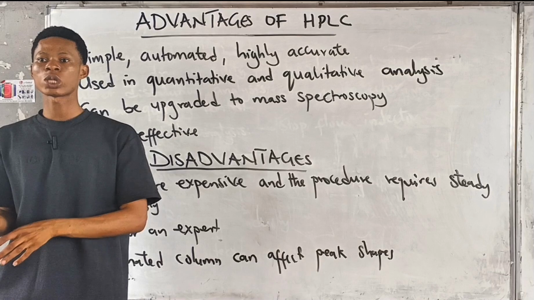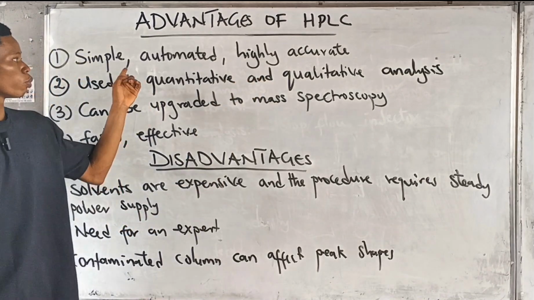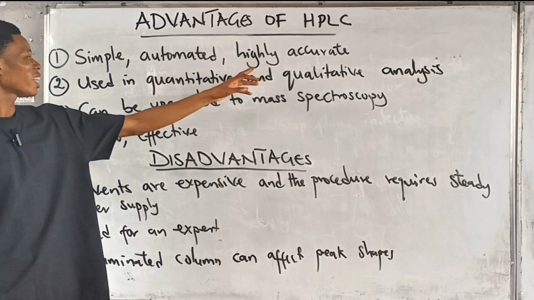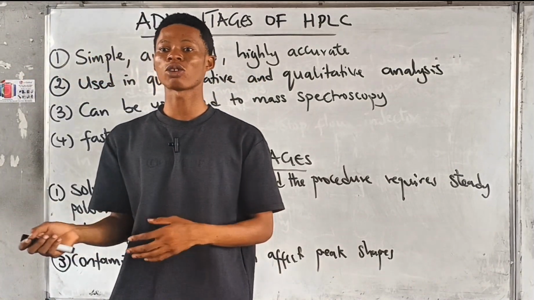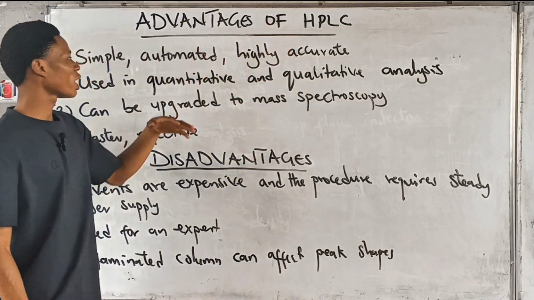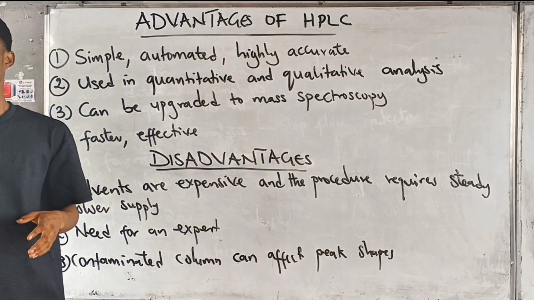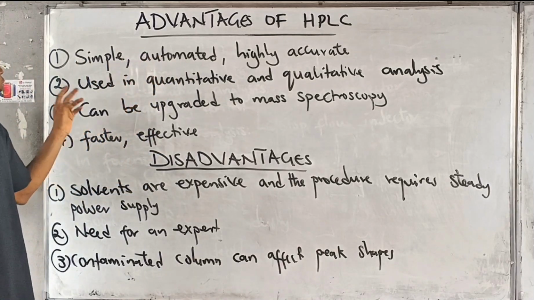So you just start the process and it goes on. So the process is automated. It is simple, automated, and highly accurate compared to thin layer chromatography and paper chromatography, this is the most accurate. So it provides high resolution. So it is simple, automated, and very accurate.